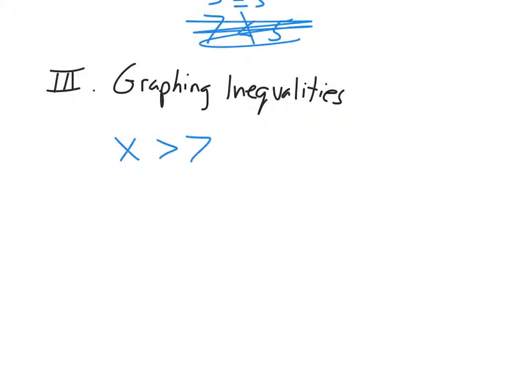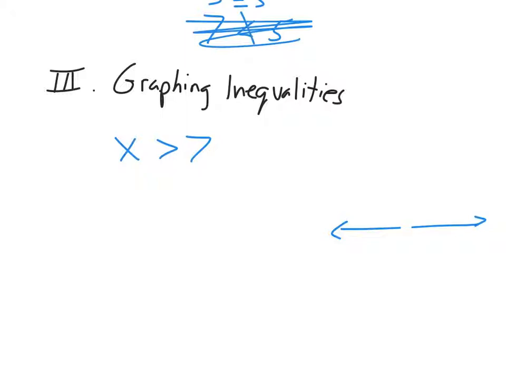When we graph these, do we use a coordinate plane like this, or do we use a number line like that? Nope, just the number line. Because it only has an x value, it doesn't have a y value, so there's no reason to have the vertical in there. So if we have a 7, I'm just going to put 7 there in the middle.